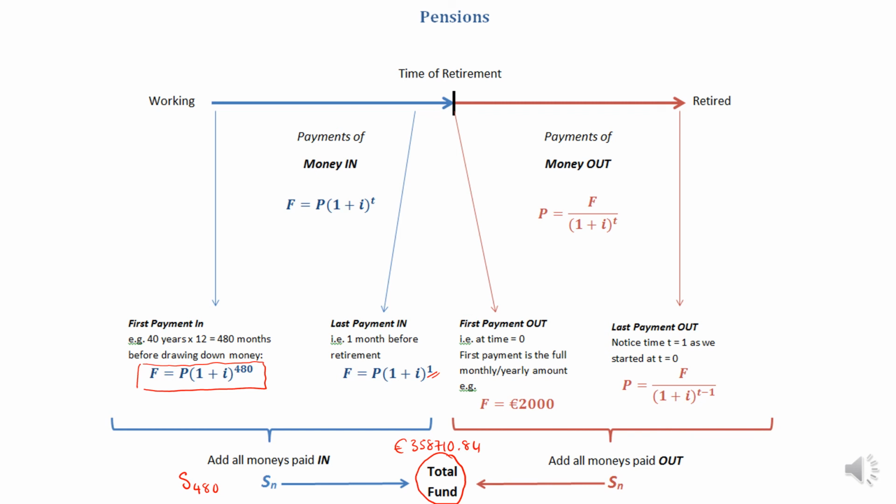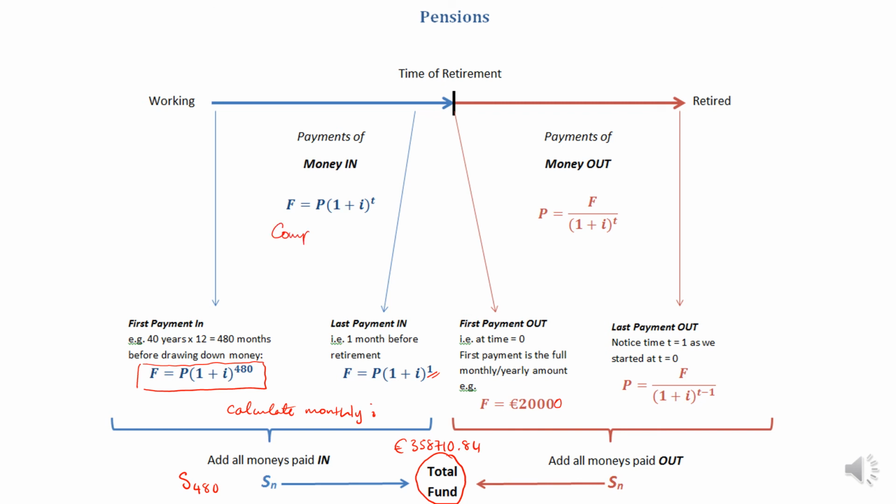So these were monthly, and because they're monthly, you need to calculate the monthly interest rate before we started. The payments out, that should read 20,000, not 2,000. Payments out started then, and we used present values.